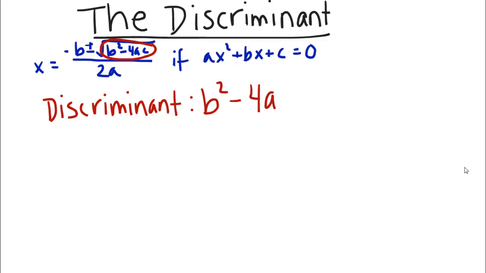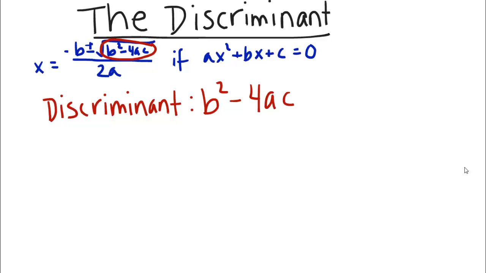It should make sense that this is the expression that tells us how many and what type of solutions we have. Notice, since it's under the radical, if this whole expression was negative, then we would have a non-real number as our solution. If it is 0, we can investigate what happens, and if it's positive, we can investigate what happens.